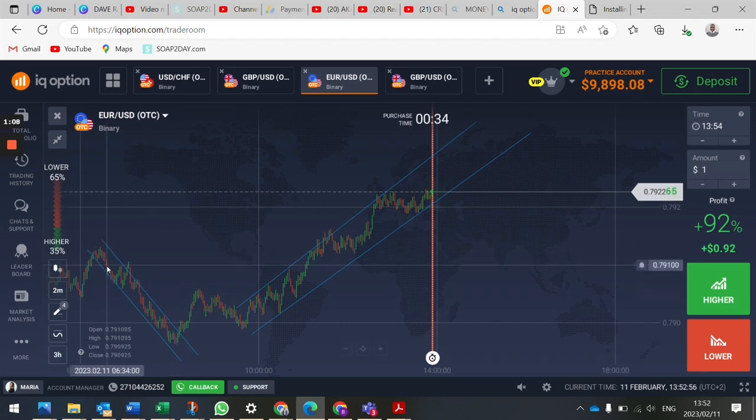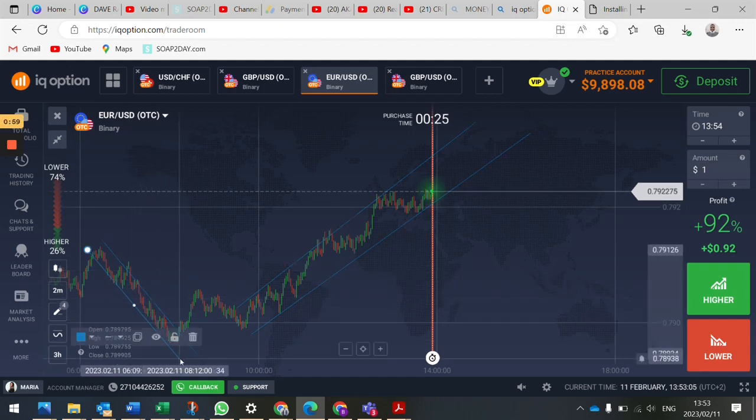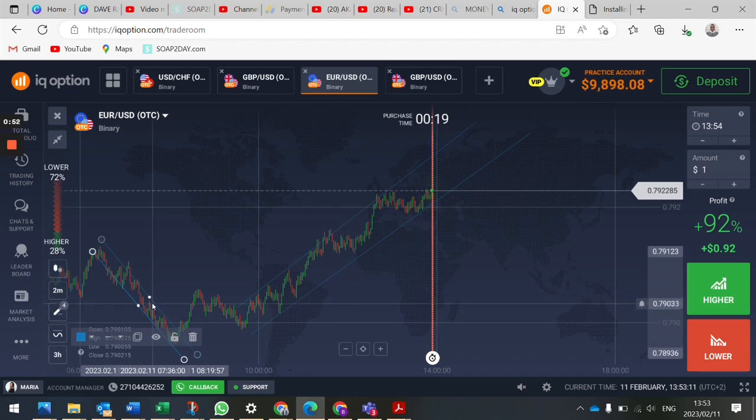Every time it hit the line, it would go up, and then when it hits that line, it goes down again, and then it went down until, even if I were to fix this line more perfectly, you'd see what I'm talking about. Every time it would hit that line, there's a high chance of it going up. It hits that line, goes down, hits that line, goes up, and so forth.